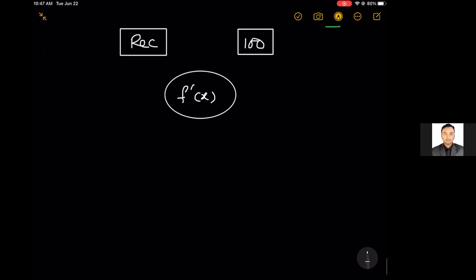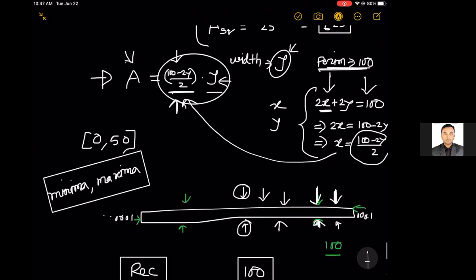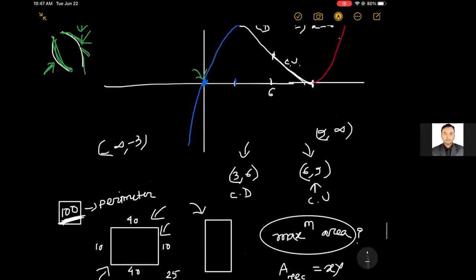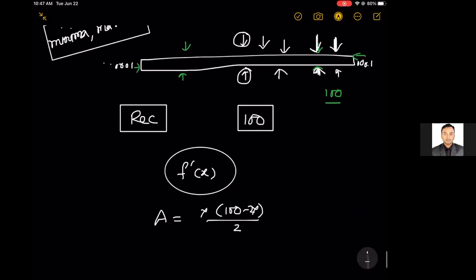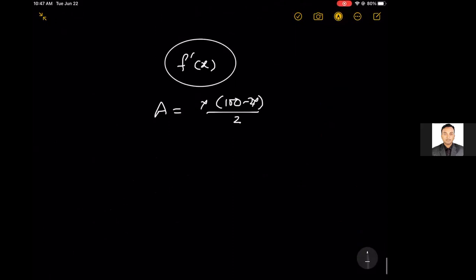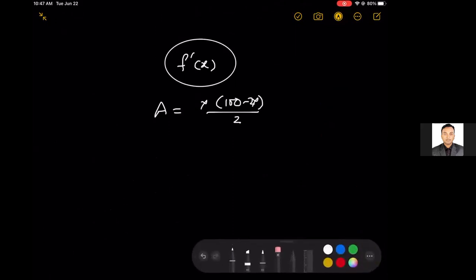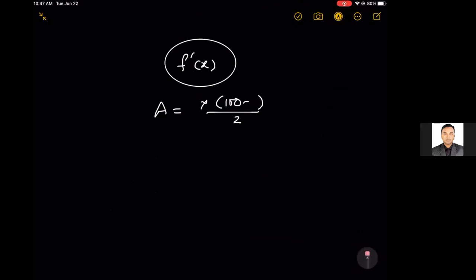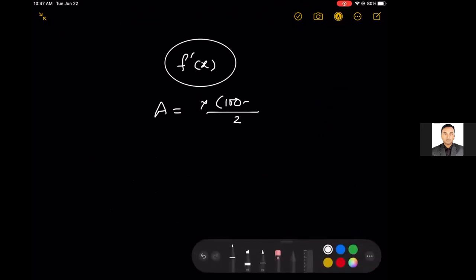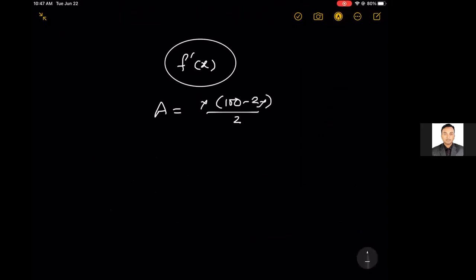So let's say we have A equals y times (100 minus y). No, I think it's 2y. Yeah, over 2. Isn't it 2y? Yeah, it's 2y. A equals y times (100 minus 2y) over 2. Okay. Now, I can do it this way.